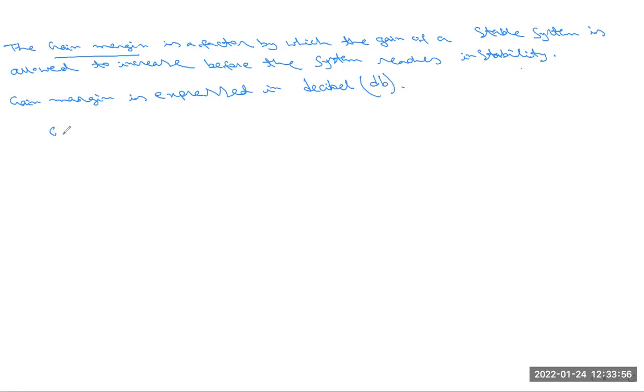So we express the equation: gain margin equals 20 log 10 of 1 by the magnitude of G(j omega 2) H(j omega 2), in decibels. Okay, so this is basically the gain margin.